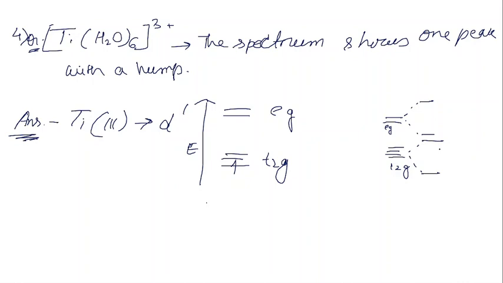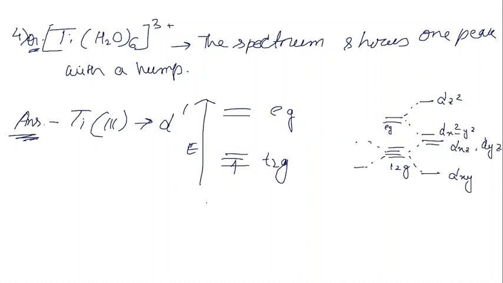So the energy of the d orbitals along the z axis, z compression, so the orbitals having the z component, dxz, dyz, dz square, their energy will be raised.